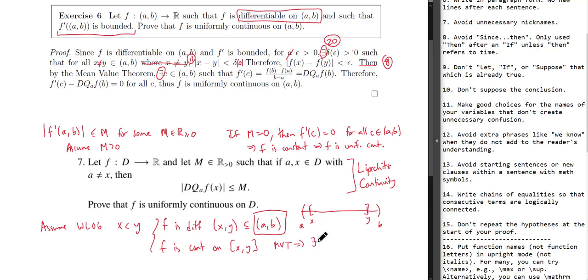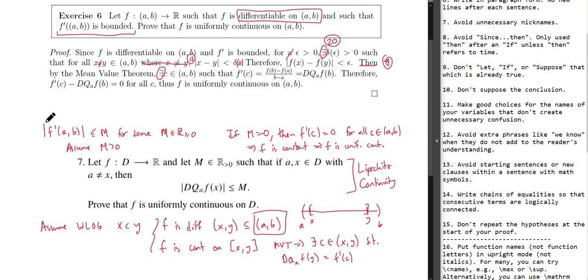So by the mean value theorem, I know that there exists some C, not between A and B, but between X and Y, such that the difference quotient, say, based at X of F evaluated at Y, is equal to the derivative of F at this point C. But what did we know about the derivative?